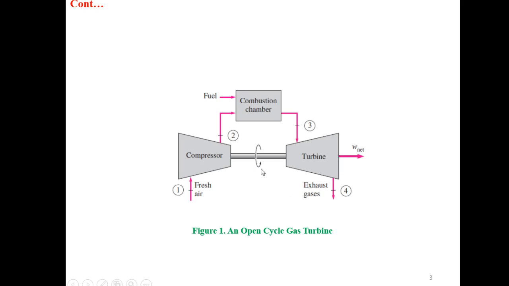This is shown here. After striking the blades of the turbine, the gases leave the turbine at point 4 and the exhaust gases are delivered to the surroundings or atmosphere. So this is the open cycle gas turbine, because at point 4 we are delivering these exhaust gases to the atmosphere or surroundings.